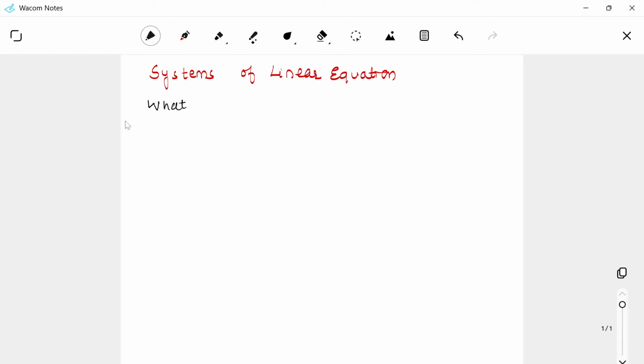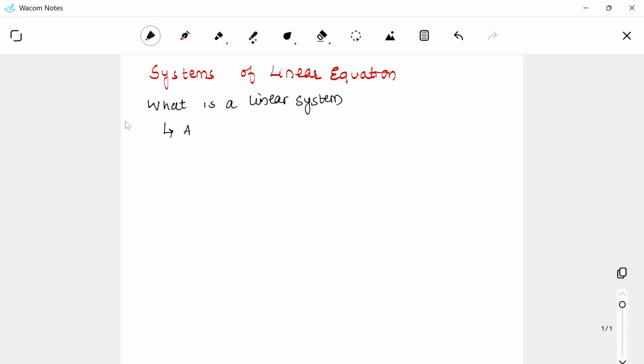Each column corresponds to one variable. So what is a linear system? Okay, so it would be a collection of linear equations in the same variables. 0, 1, 1, 0, 0, 1.